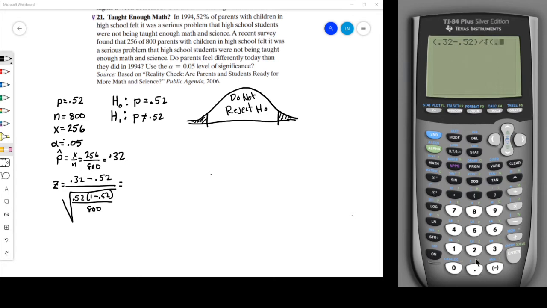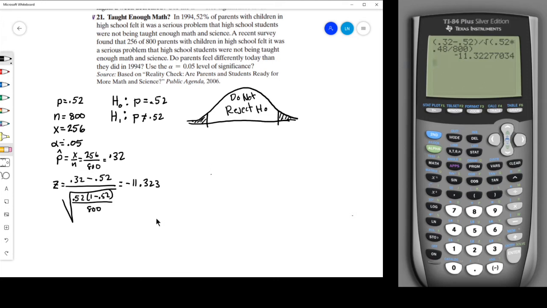On top, 0.52. 1 minus 0.52 is 0.48, so I'm just going to say times 0.48 divided by 800, close the square root, and I get something pretty dramatic. Minus 11.323.